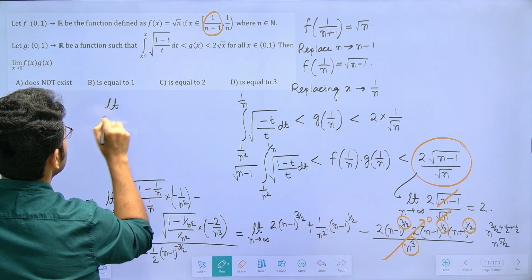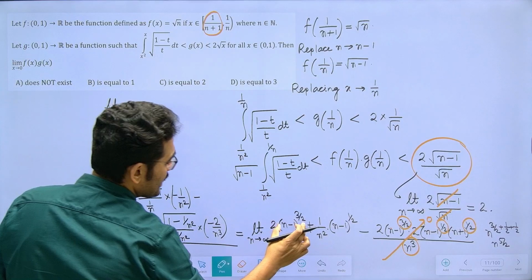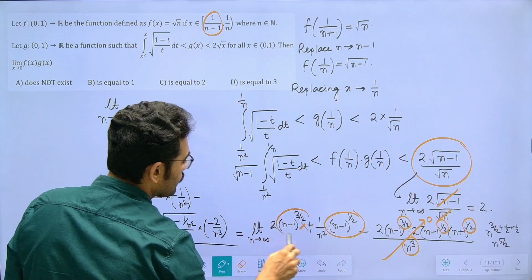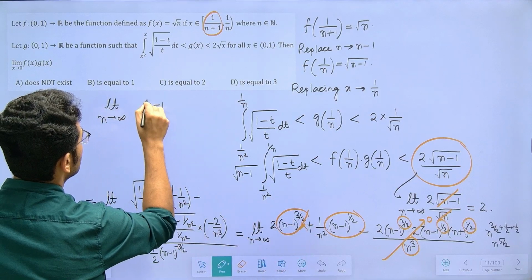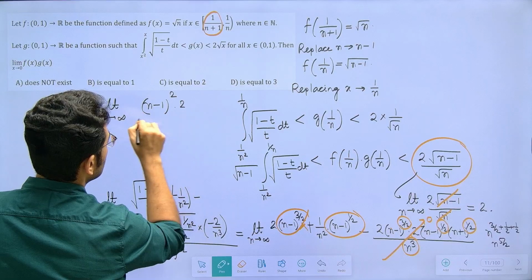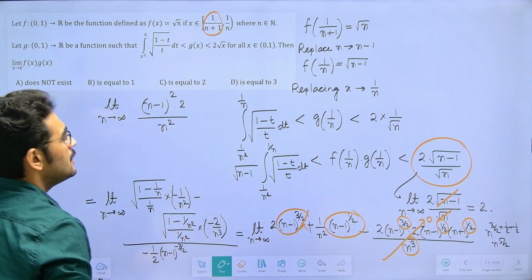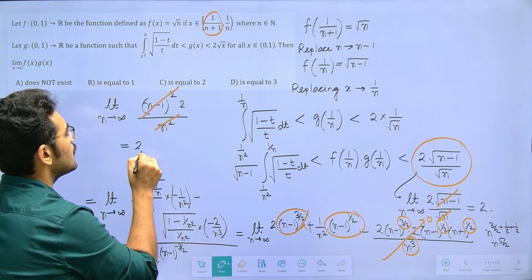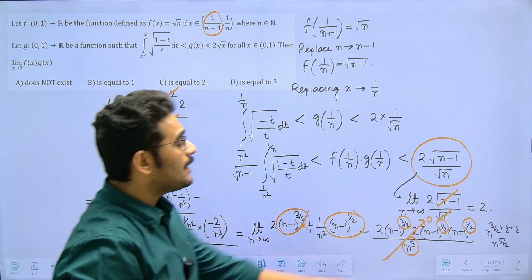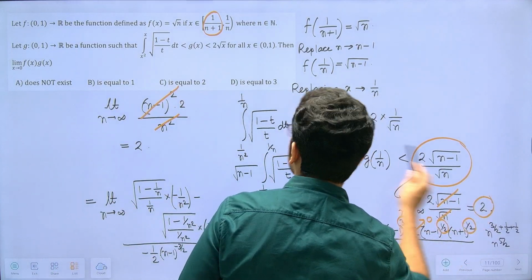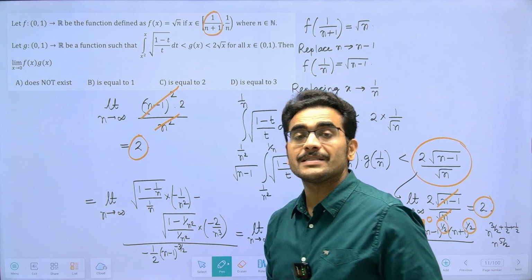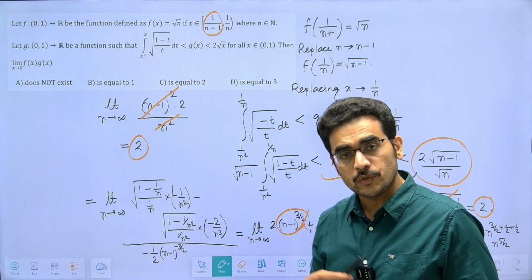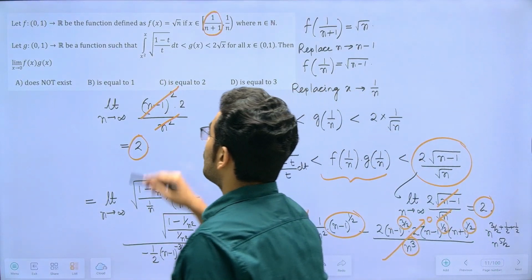So limit n tends to infinity, n minus 1 power 3 by 2 into n minus 1 to the power half will multiply to give you n minus 1 square into 2 divided by n square. When n is tending to infinity, these two are comparable, so they will get cancelled out, and we get the limit value to be equal to 2. So the upper limit is tending to 2, the lower limit is tending to 2. So by the Sandwich theorem, we can say that this function as n tends to infinity is also tending to 2. So the limiting answer is 2.